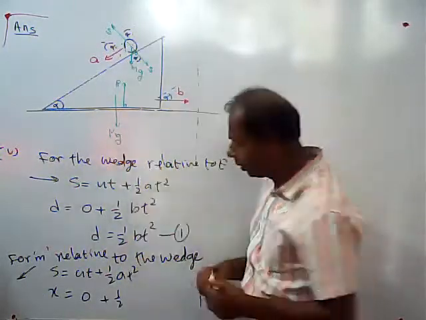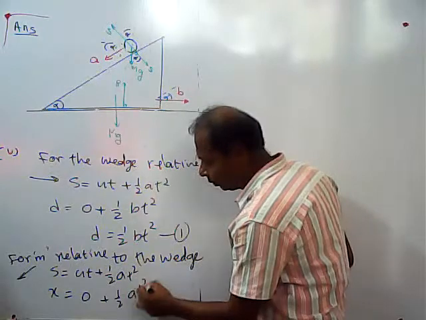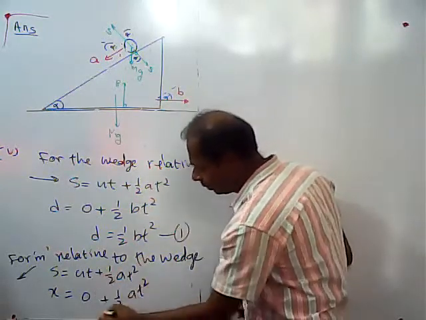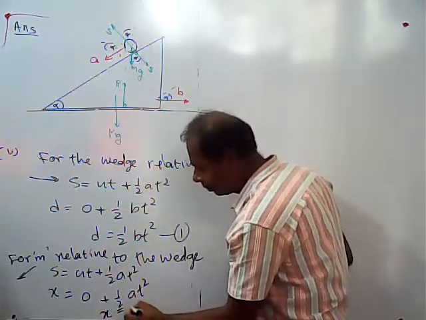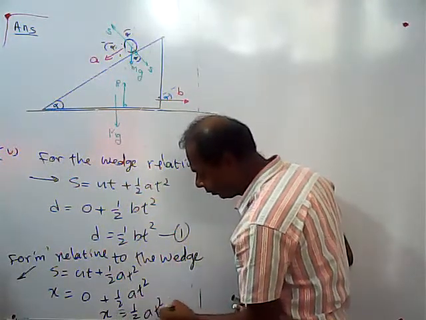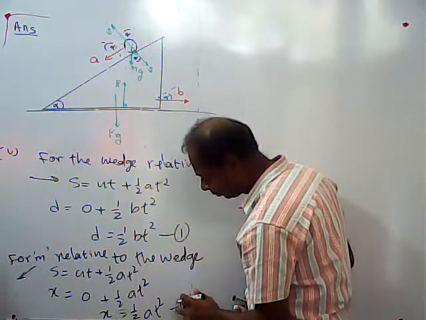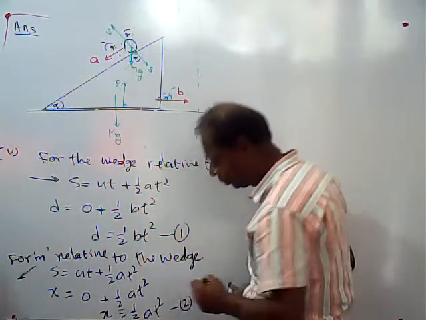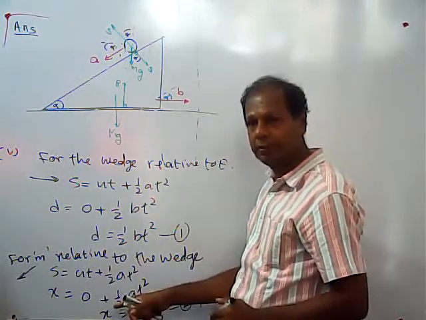So half at squared. So you get another equation, x equals half at squared. So we need to find x.